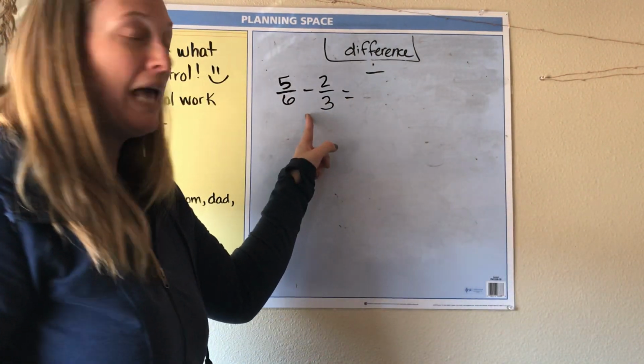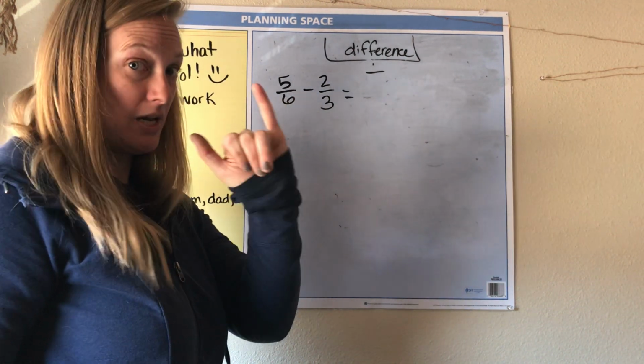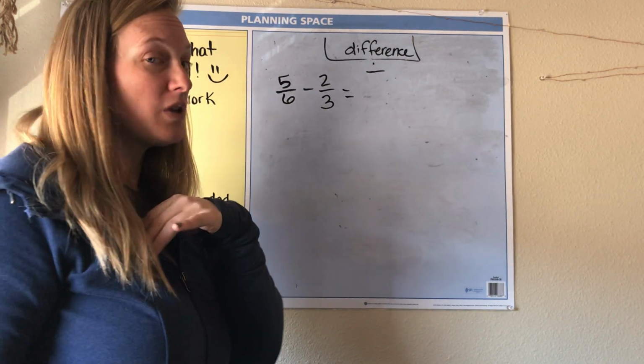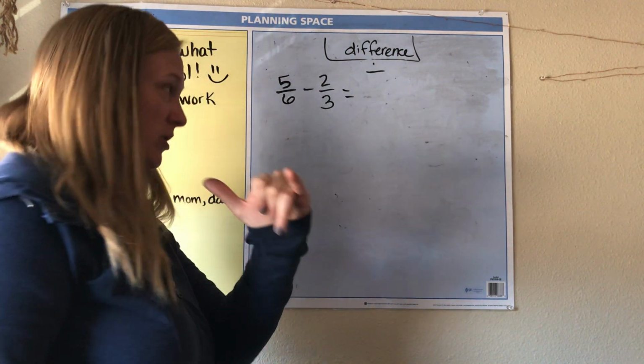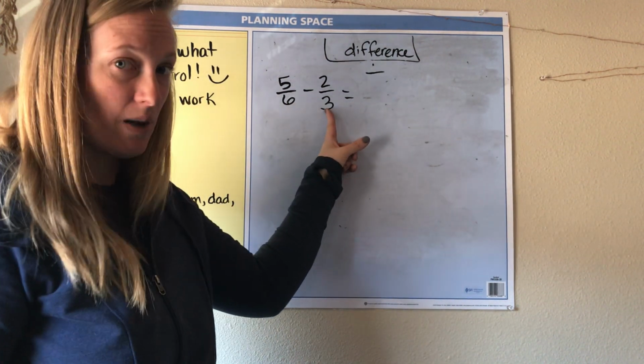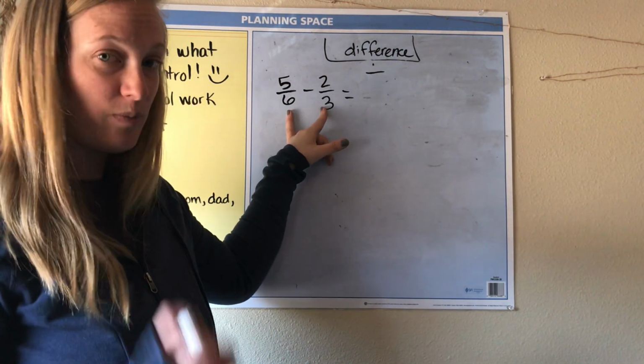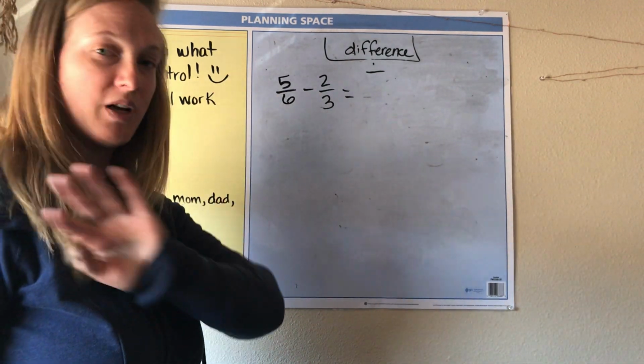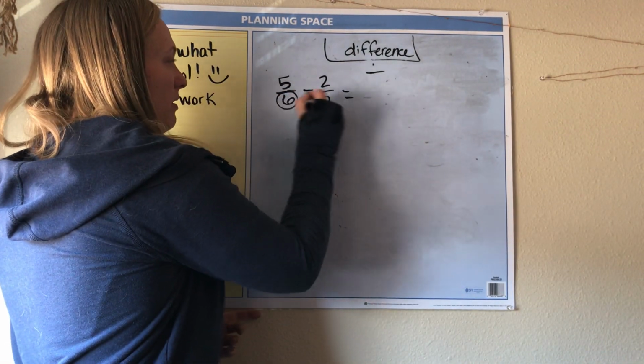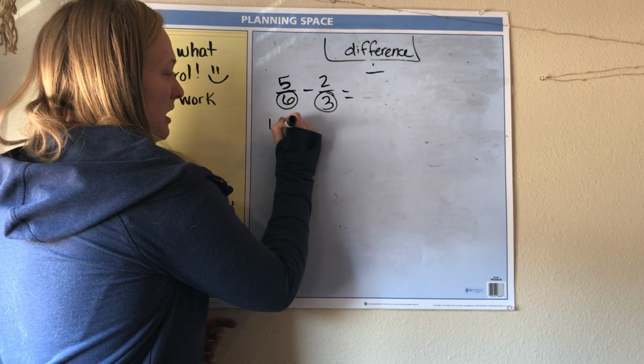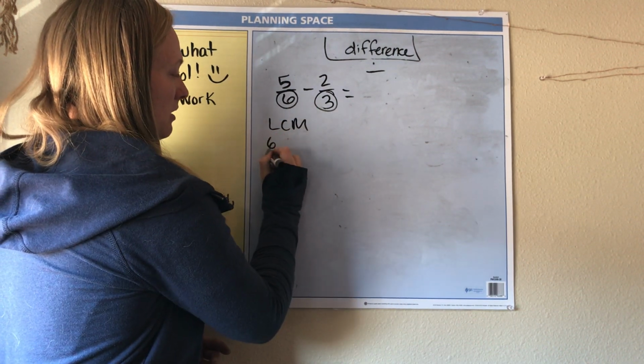Okay. Can I subtract as is? Agree? Respectfully disagree? Hopefully you said no, we cannot subtract as is. We don't have common denominators. The denominators have to be the same in order to be able to just subtract. We don't have them. So we got to find our LCM of 6 and 3.